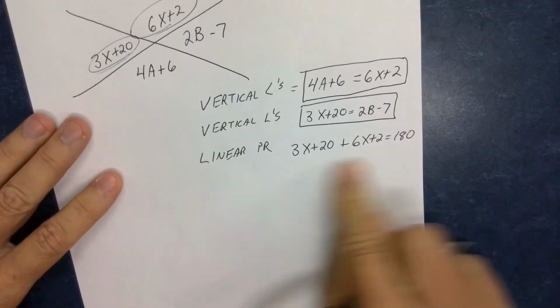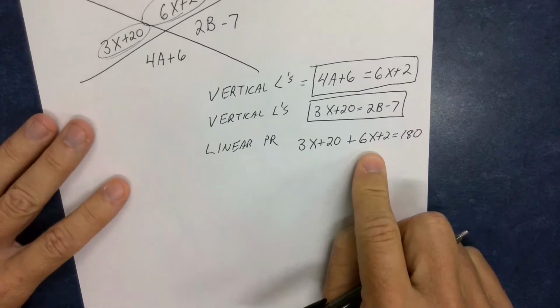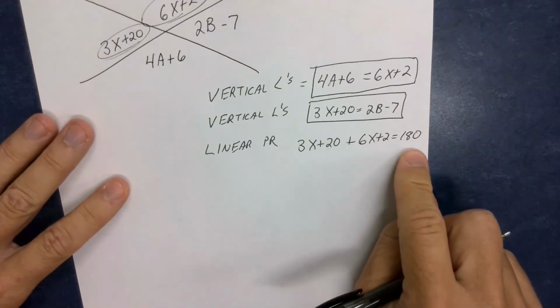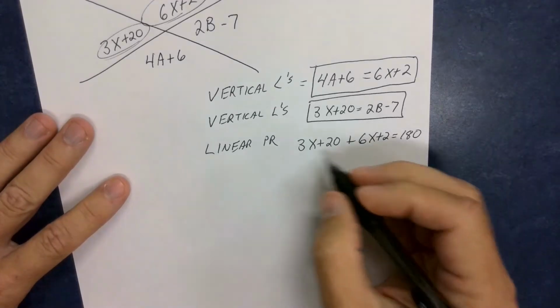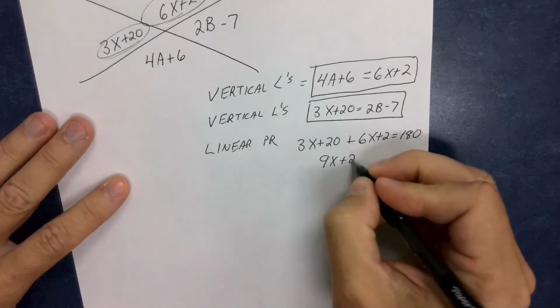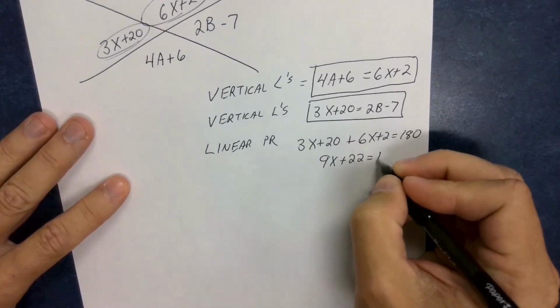And now I look at this and I go, hey, this is one equation with only x's in it. I can solve that. Sweet. So if I can solve this for x, let's try it. So I get 9x plus 22 equals 180.